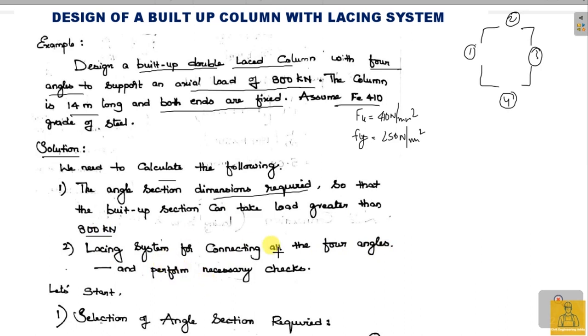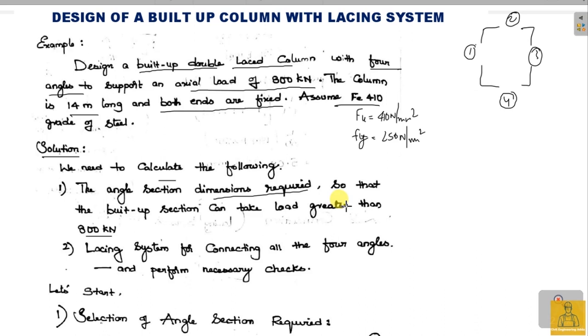You know that these 4 angle sections are being joined with this lacing system, and you have to design this lacing system and also the connection. If you want to go for bolt connection between the lacing system and the angle sections, you can go for that. If you want to go for welding, you can go for that.